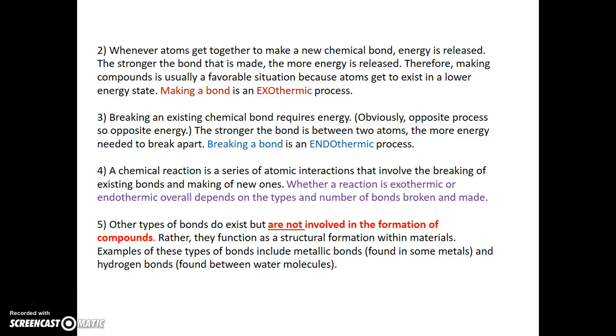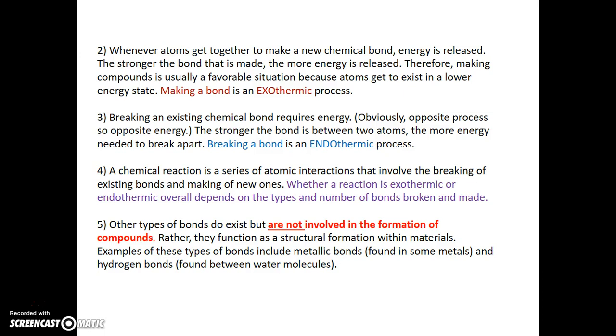Now, I've mentioned that these bonds that involve the formation of compounds are either ionic or covalent. There are other types of bonds, but they never are involved in the formation of compounds. Some of these bonds, and you may have heard of a few, are metallic bonds, which exist when metal atoms interact with each other, for instance, in an alloy, which is not a compound, but a mixture.